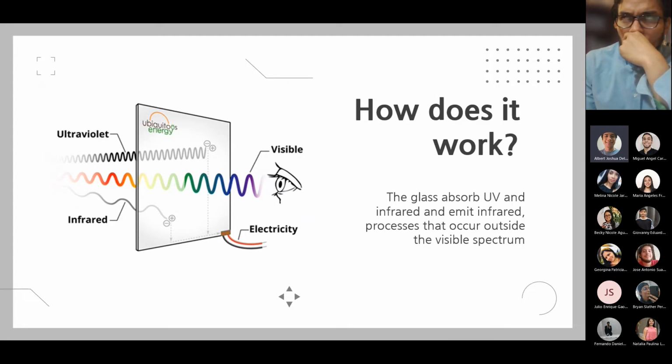The organic salt that the TLSC is made of absorbs UV and infrared and emits infrared, a process that occurs outside the visible spectrum, so it appears transparent. They can filter ultraviolet radiation by 99% and infrared by 95%. In this way, they thermally insulate a building and protect it from radiation.